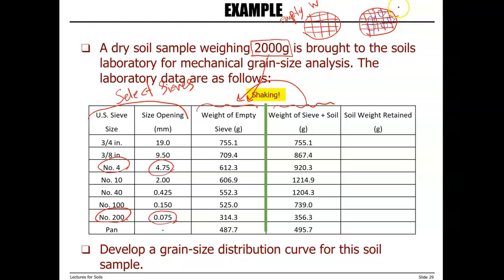We have sieve plus retained particles. So if you subtract weight of empty sieve from sieve and the retained particles, then you get weight of soil particles retained on that sieve.